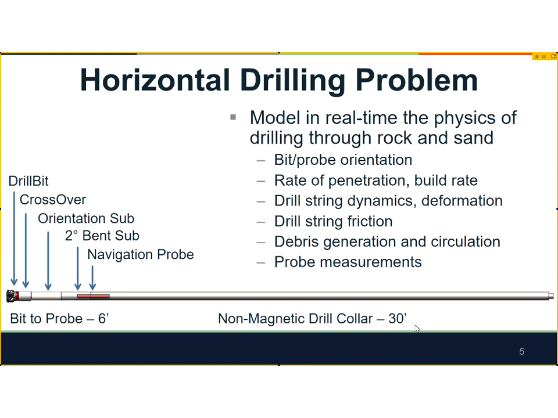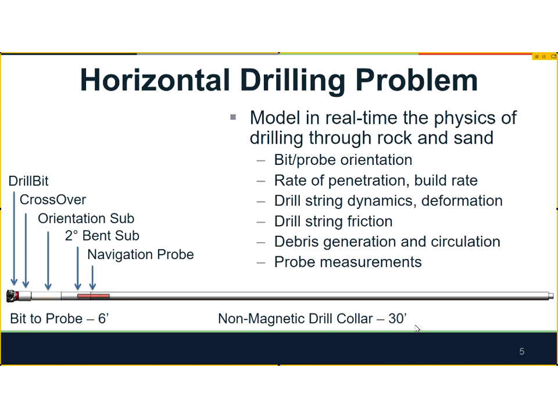And so the performance of their ability to finish a hole depends on how straight it is. If you have a lot of variations, then it can be very difficult to pull a pipe through a hole that has lots of, I think the technical term is tortuosity. And so we're modeling the drill string friction.